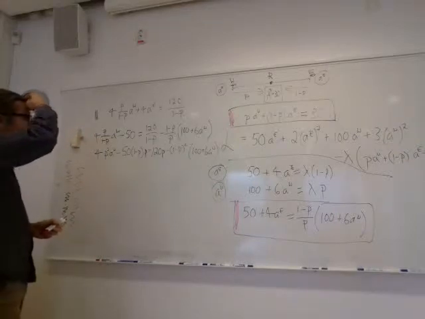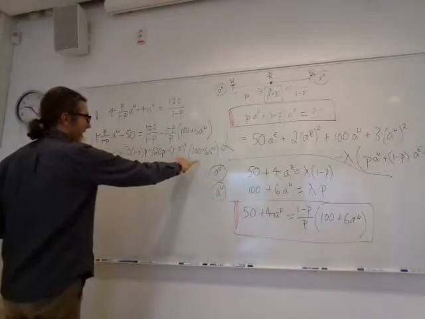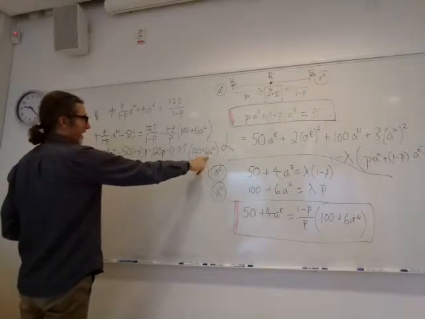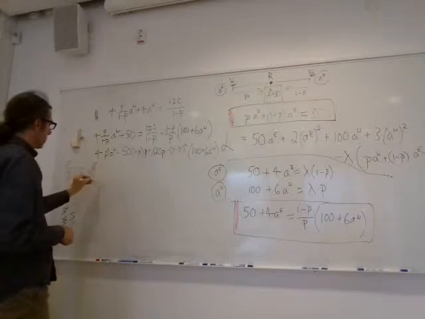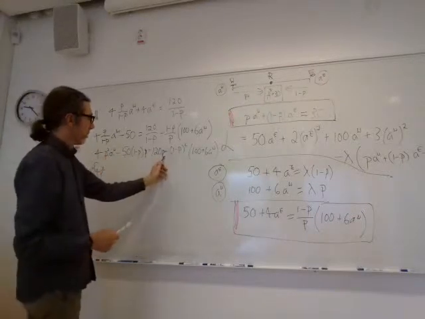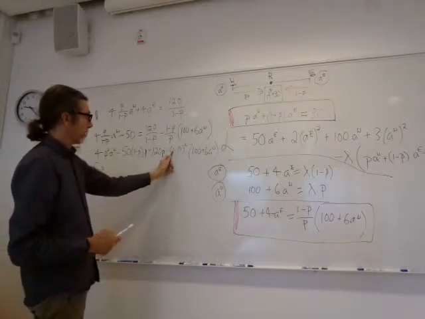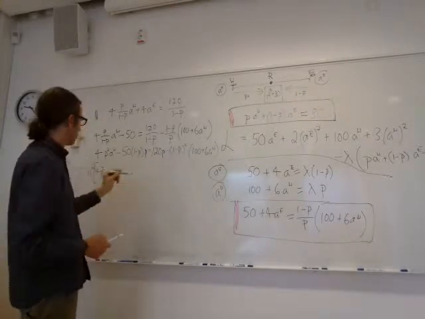Whew. Okay, so let's collect terms in AW. So we've got AW times 4P squared, coming over, plus 1 minus P all squared times 6.